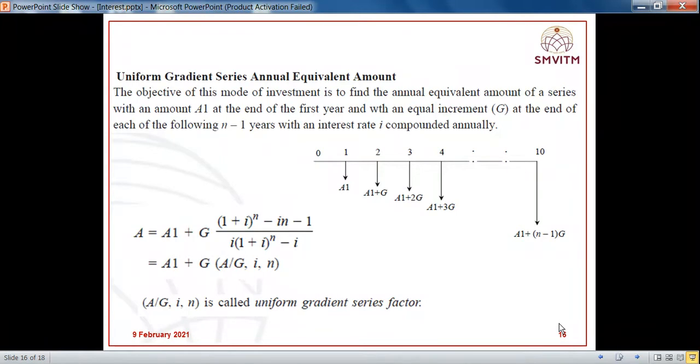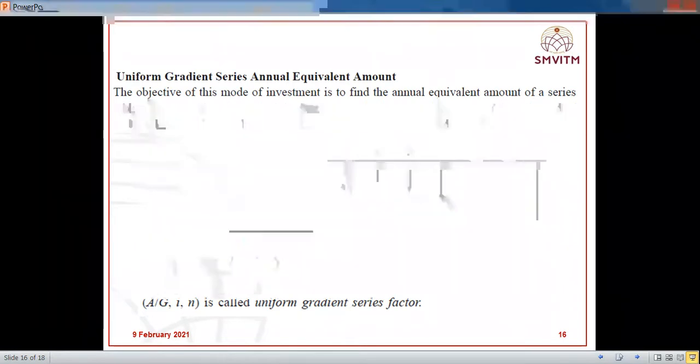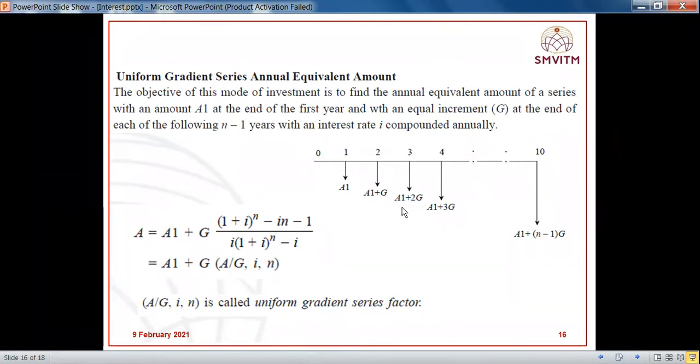First, the gradient should be converted into the same uniform amount every year. For this there is an equation: A equal to A1, the amount deposited or withdrawn at the end of the first year, plus G, the gradient amount, that is the constant increment every year, into [(1 plus I) to the power n minus I n minus 1] divided by [I into ((1 plus I) to the power n minus I)].